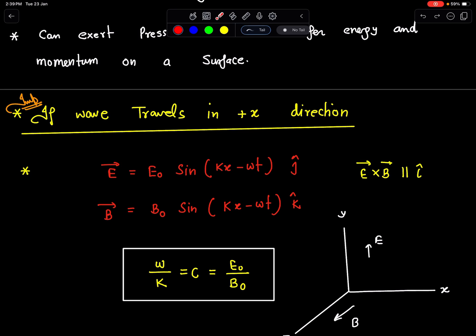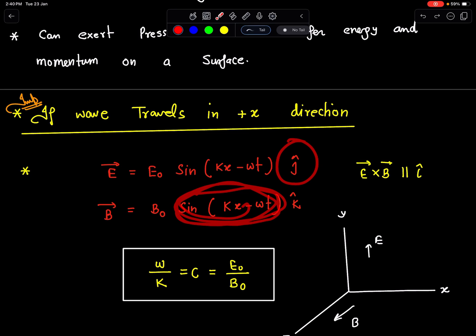So if I'm choosing the electric field vector in the y direction, then B is going to be in the direction of k cap. So the instantaneous electric field vector is its amplitude times sine of kx minus omega t. When we are writing the corresponding oscillating magnetic field, first let's maintain the phase, sine of kx minus omega t.